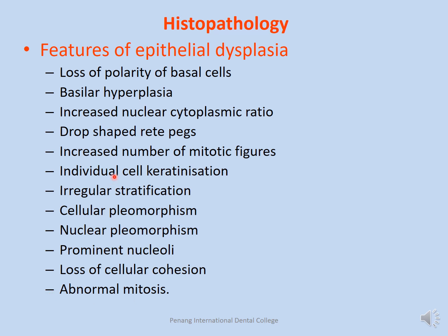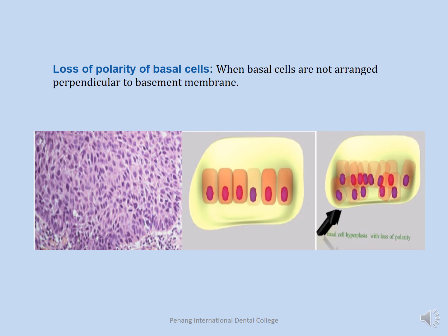In the coming slides I am going to explain each and every feature individually so that you can understand them. The first one is loss of polarity of basal cells. What does that mean? This means that the basal cells are not arranged perpendicular to the basement membrane.